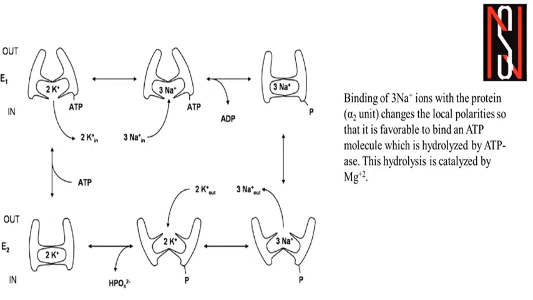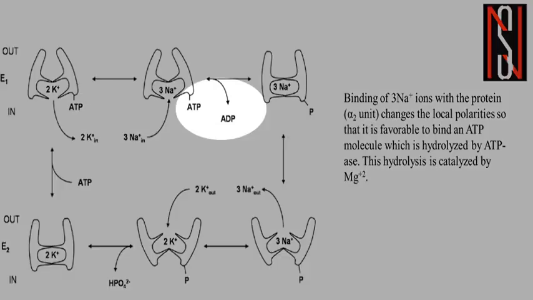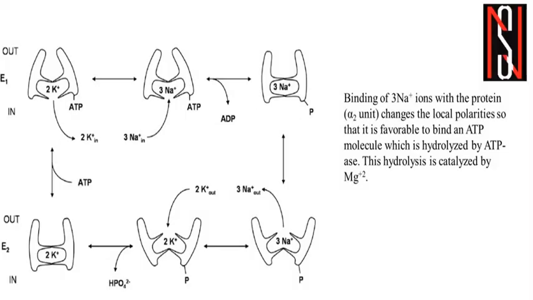Therefore, it is favorable to bind an ATP molecule, which is then hydrolyzed by ATPase. This hydrolysis is catalyzed by magnesium 2 plus, and the ATP is converted into ADP with the removal of one phosphate group.